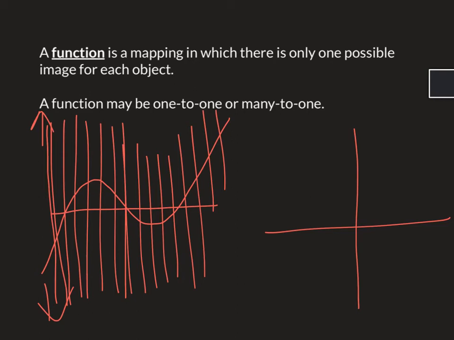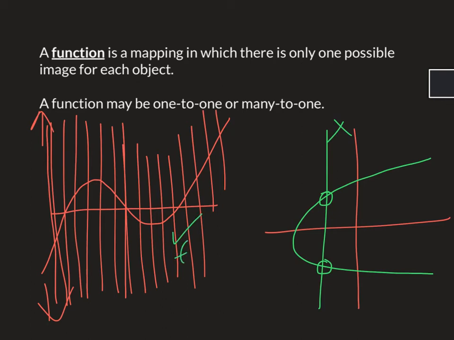However, as soon as it hits more than one place, so say I've got this, if I draw a vertical line there, I hit 2 places, and that would not be a function. So this would be a function, this would not be a function. That's a way that I like to think about it.